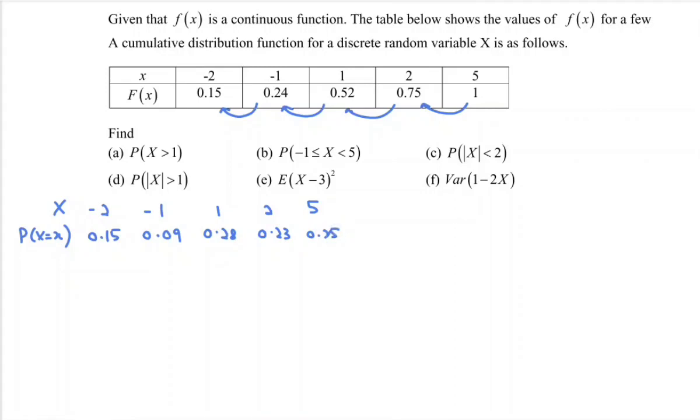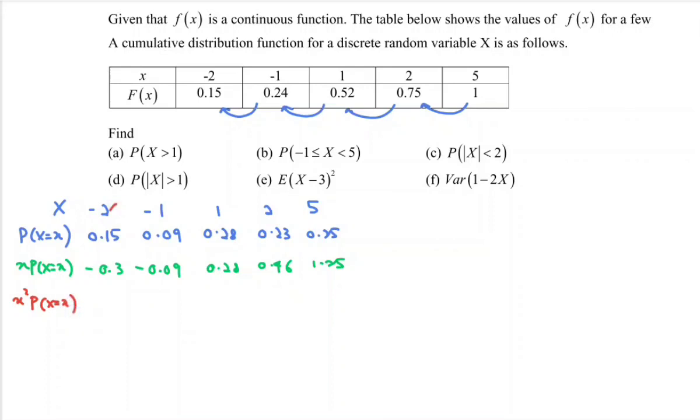Next, we have to find the E(X). In order to find the E(X), we have to multiply x with the probability. So we have -0.3, -0.09, 0.28, 0.46, and 1.25. Continue. X squared multiplied with the probability.